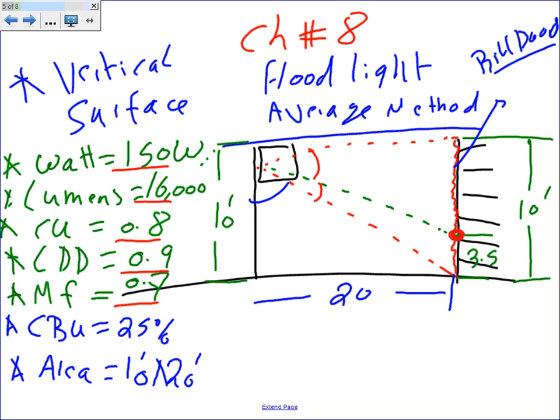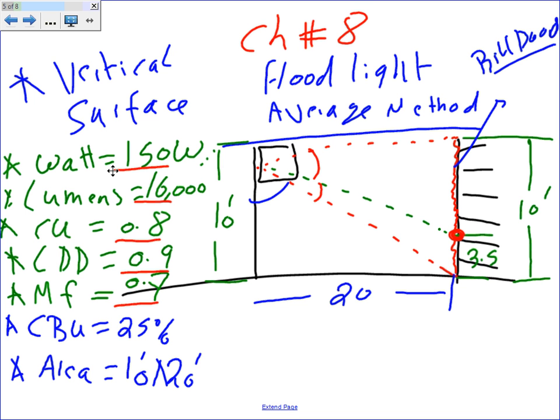Don't get confused, these are all factors. The maintenance factor is 0.7. Or you can call it lumen depreciation factor, maintenance factor, whatever you want to call it.